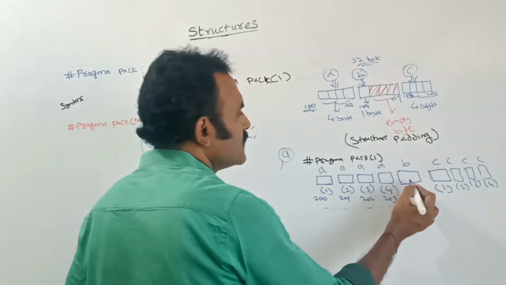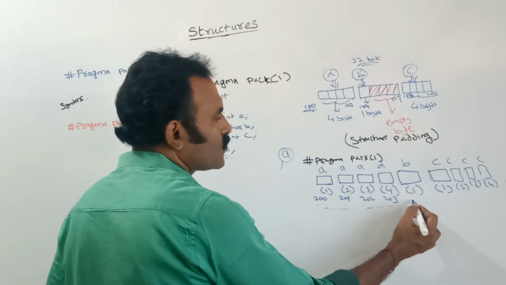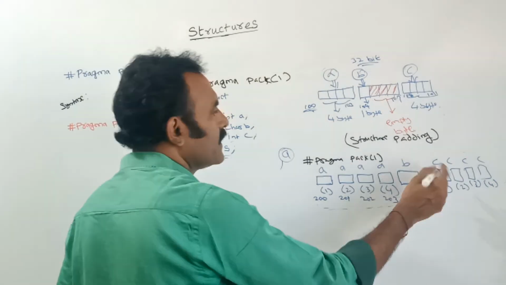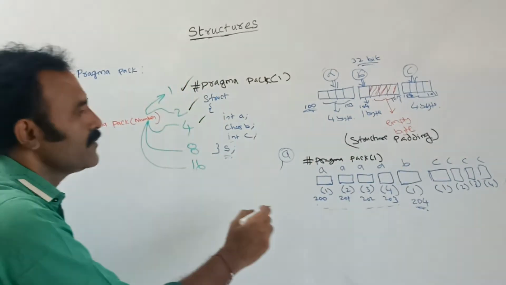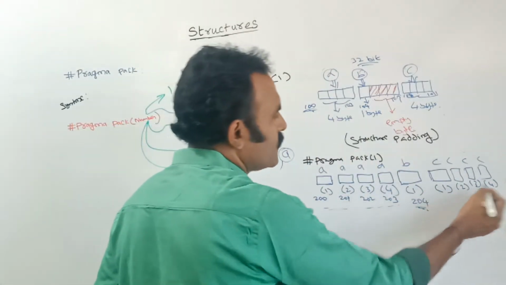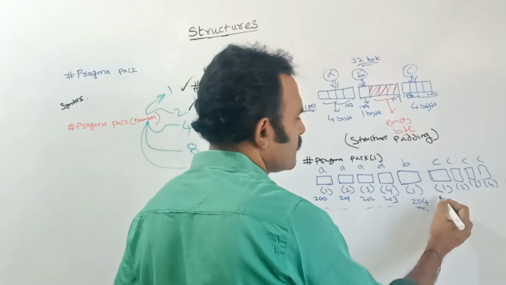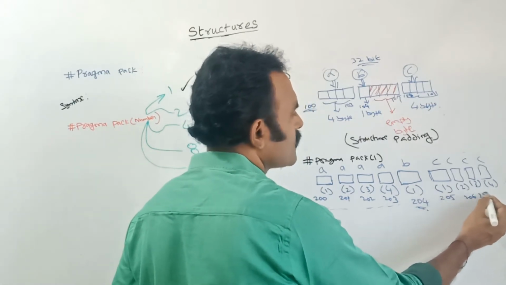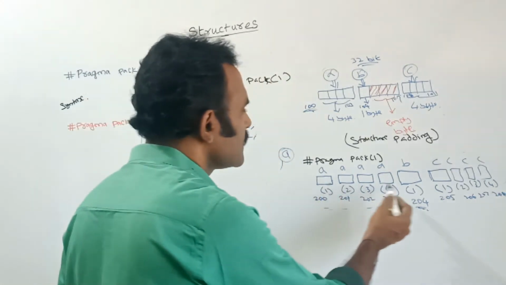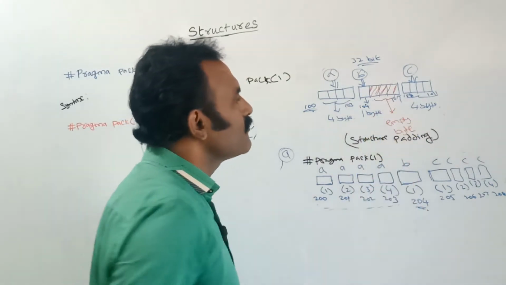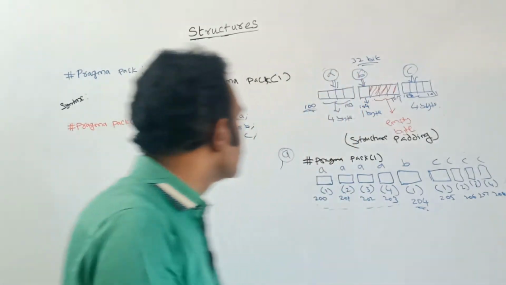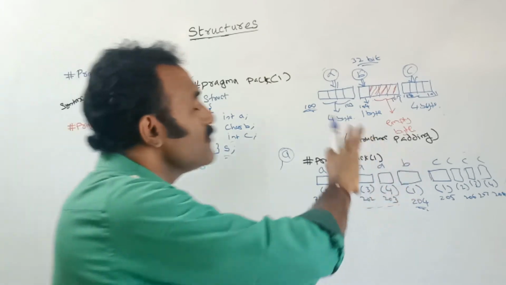Next you see here b, it contains only 1 byte, so it will be stored in 204. Next it will see here the c, also integer data type, this data is 4 bytes, so it is split into 4 bytes. So here c of 1, c of 2, c of 3 will be 205, 206, 207 up to 208. See, in this way the addresses are created. As it is the single byte, here this empty byte will not be there, because we are using the single byte only. So by using this pack 1 we can avoid the padding.